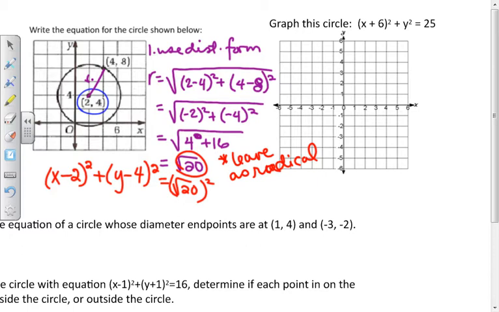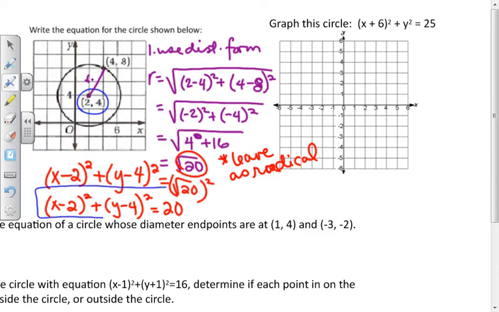So I don't need anything to clean up here. So my x minus 2 squared plus my y minus 4 squared. The square root of something squared effectively cancels because those are opposite operations, and this is my answer. Had you done a decimal approximation and then squared it, you would have introduced a rounding error in your answer.